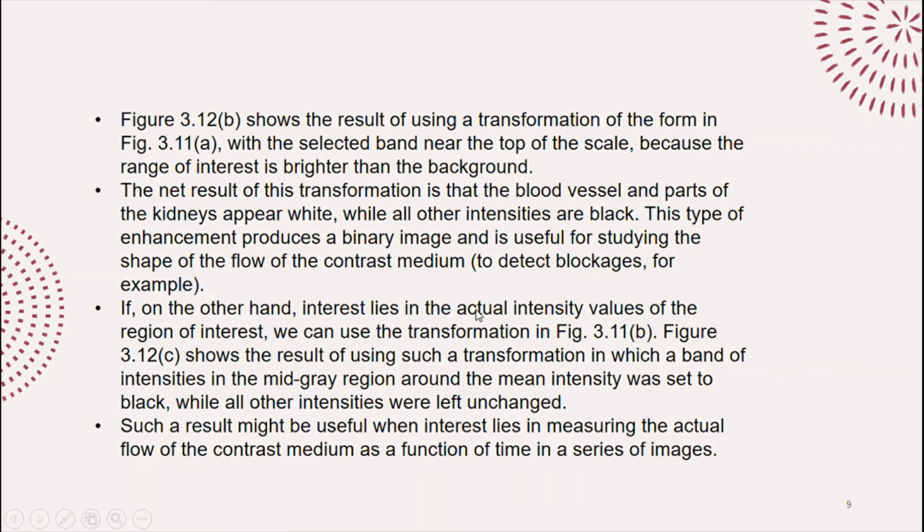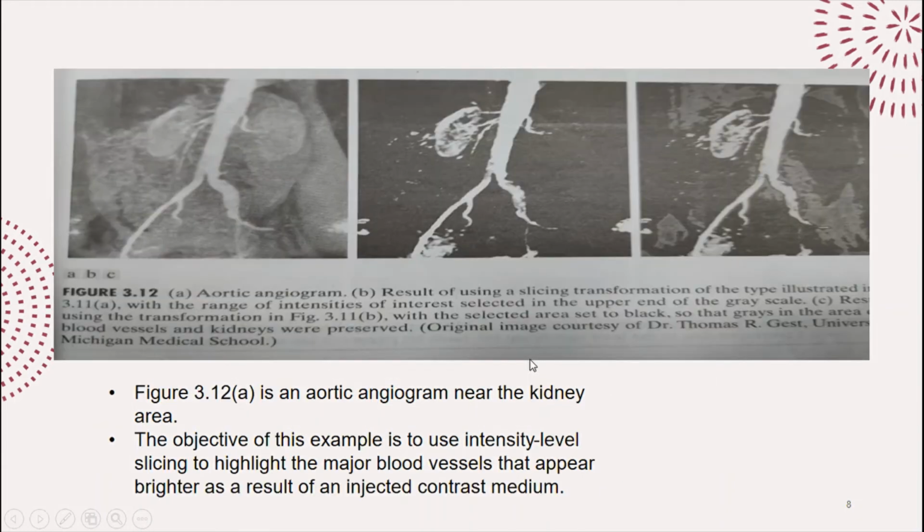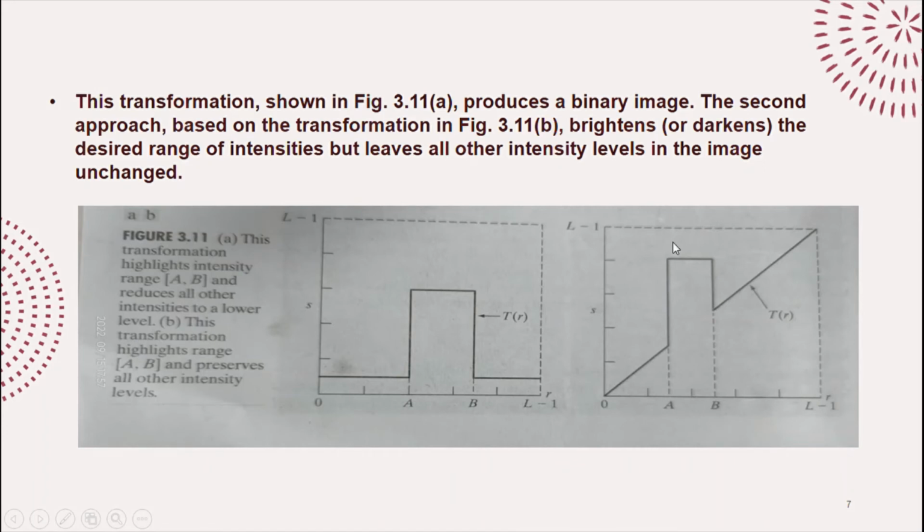On the other hand, if the interest lies in the actual intensity values of the region of interest, we can use the transformation in figure 3.11b. Here we increase the intensities in the range of interest, and the other intensities in the image do not change.